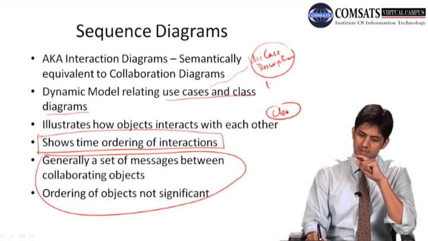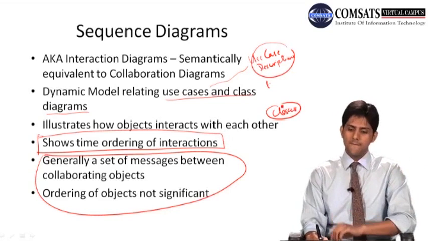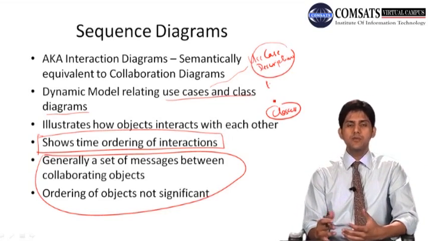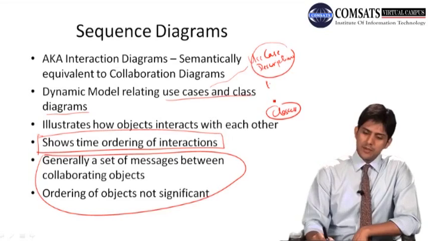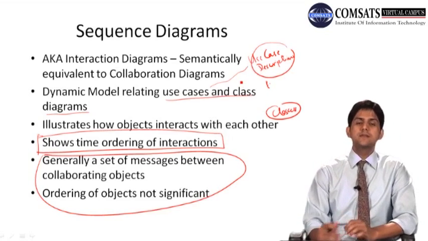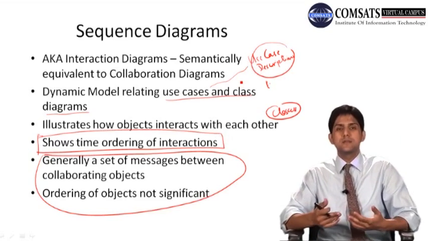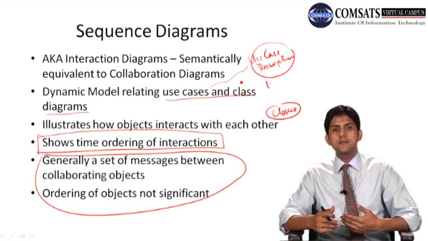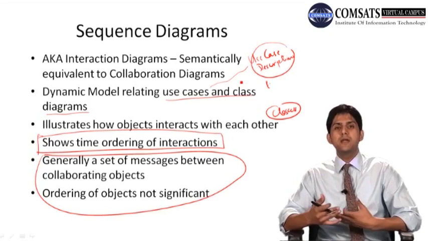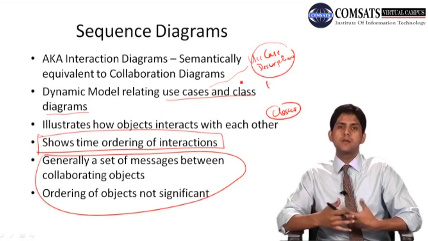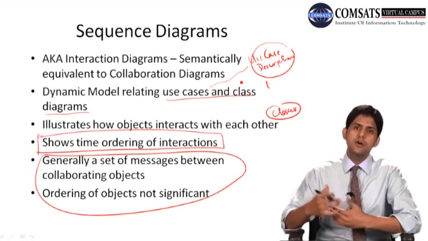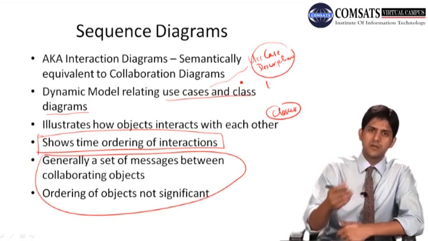So we have the use cases and we have these classes. Why do we say it relates these two? Because use cases tell us different scenarios of how an actor will interact with the system, whereas classes tell us the main entities, or the objects that will be created in a solution in a particular scenario.